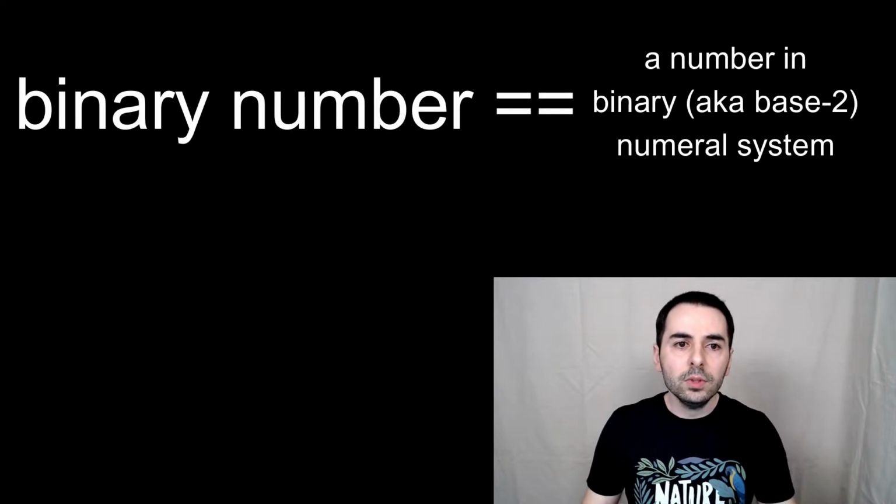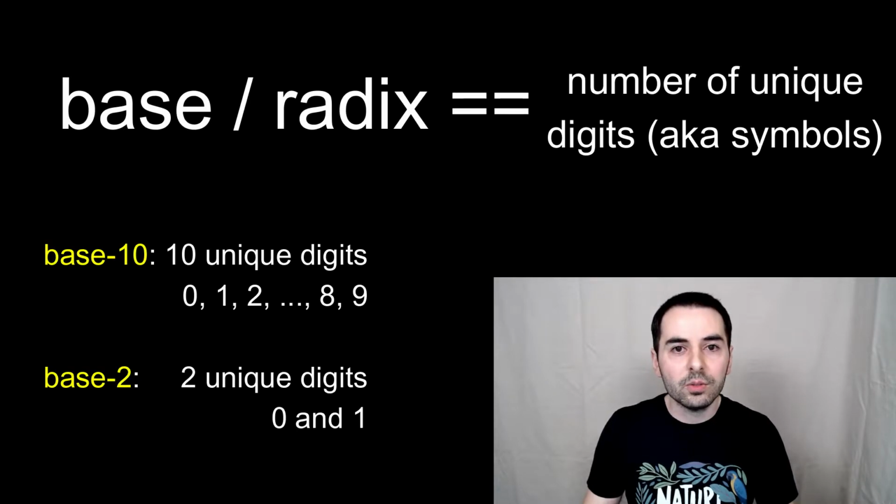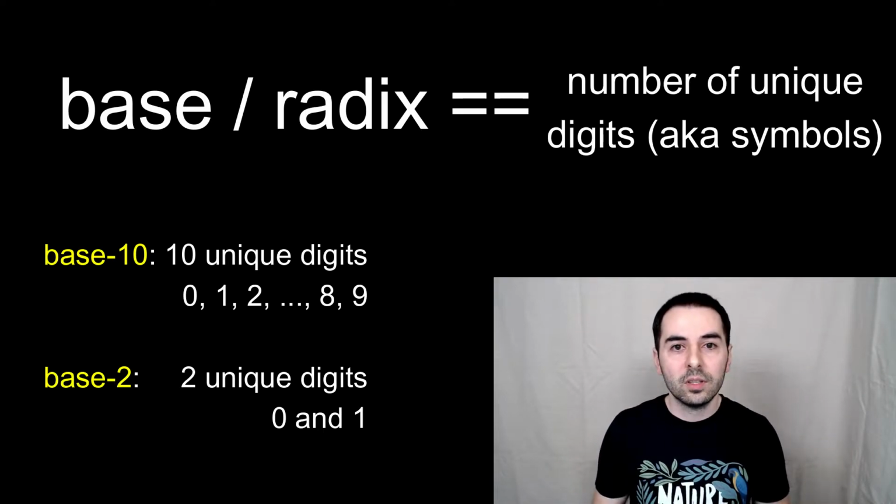So a binary number is a number in a binary numeral system, or base 2 numeral system, which is a positional expression of numbers with radix 2. Base and radix are synonyms, and they denote the number of unique digits or symbols used in the system.